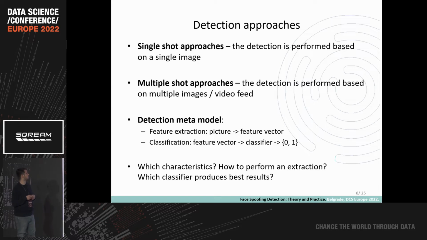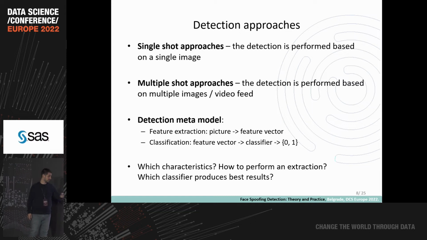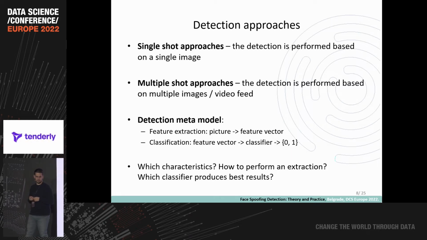For both approaches, there is the same meta model. We should do some feature extraction. Actually, we should transform a picture into some feature vector, and we should perform some classification. In this case, the most usual solution is binary classification: whether it is a spoof or a real image.